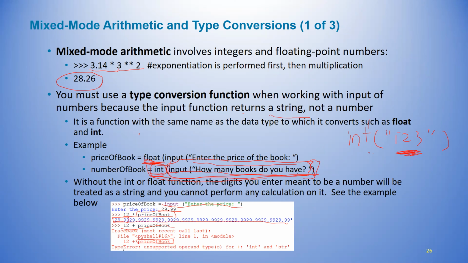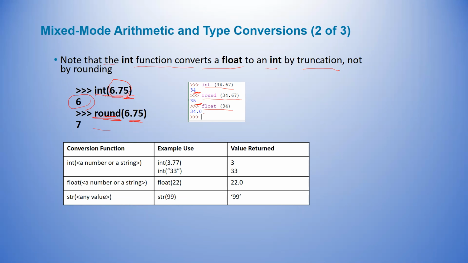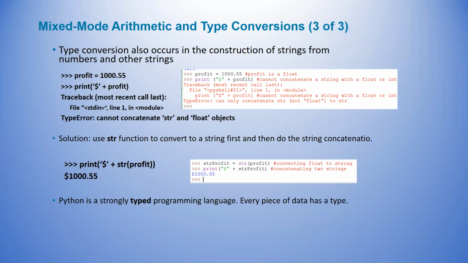When you do this, you get 35. When you convert 34 and int into a float, it gives you 34. Okay, so these are the rules, examples, and the values. Any questions here, everybody? No? Okay.